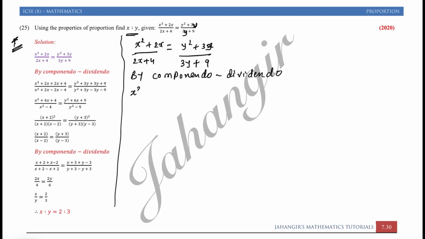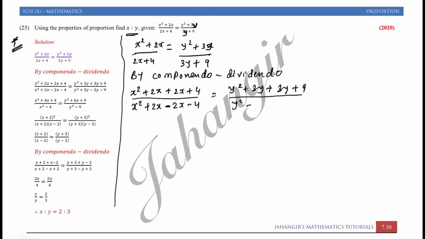I can write x square plus 2x plus 2x plus 4 upon x square plus 2x minus 2x minus 4. Same way, y square plus 3y plus 3y plus 9 upon y square plus 3y minus 3y minus 9.